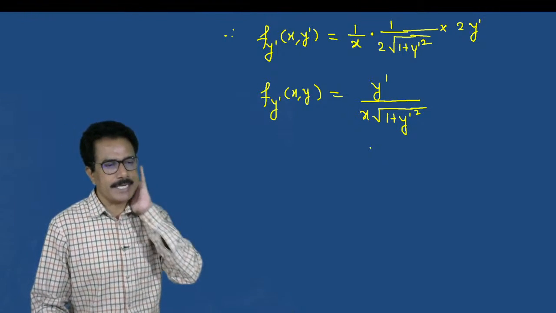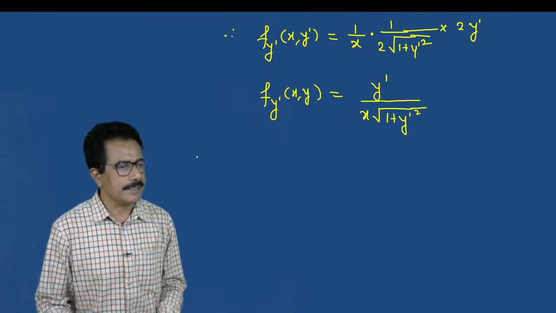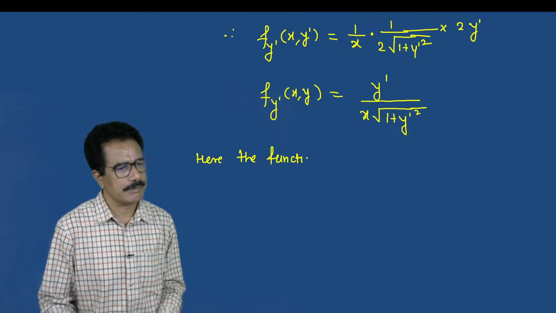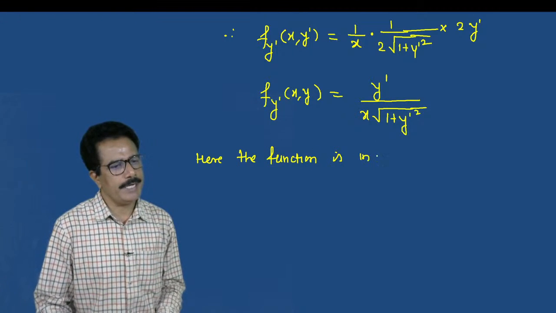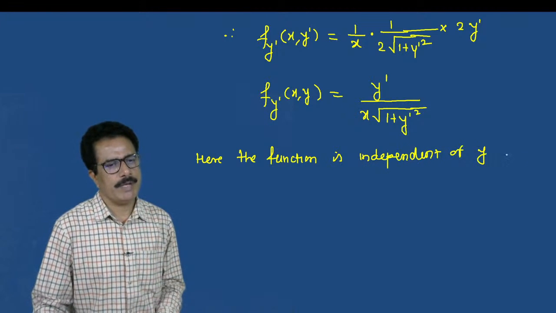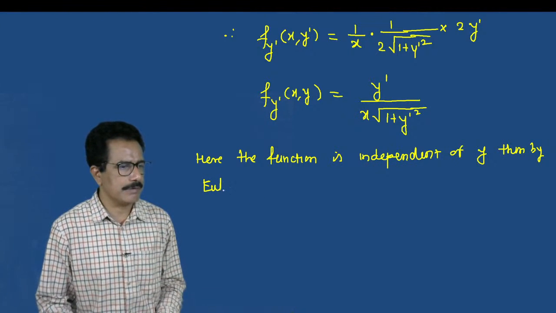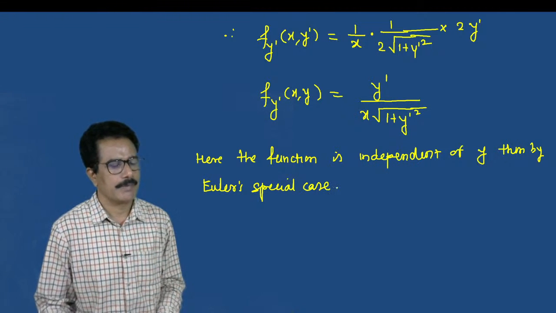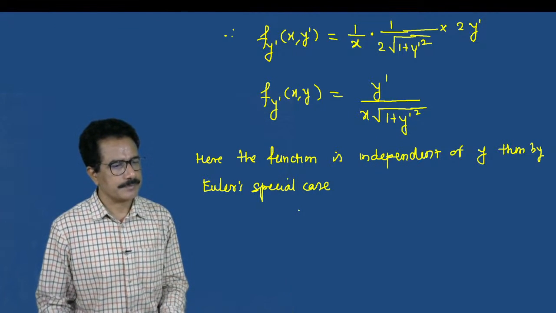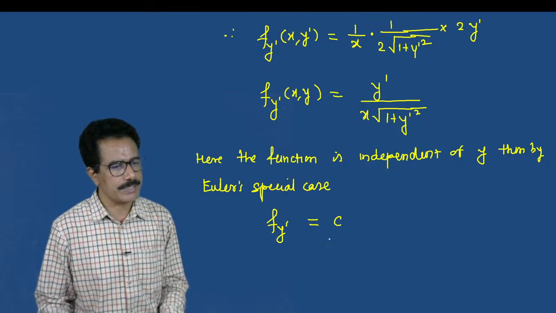But by the special case here, the functional is independent of y, then by Euler's special case, we can write f y dash equals to c.